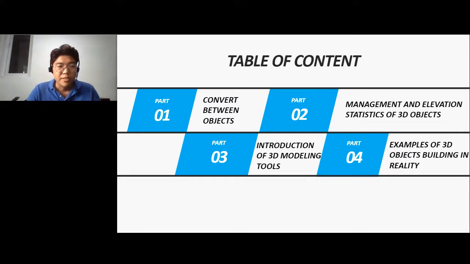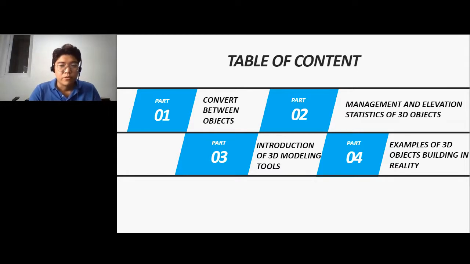Part three is an introduction to the 3D modeling tools. And the last one is some examples, in videos from Allplan, of 3D objects built in reality, which we can apply to our work.